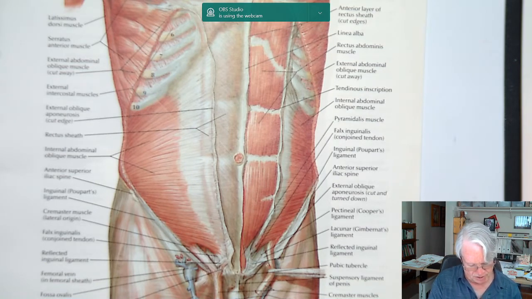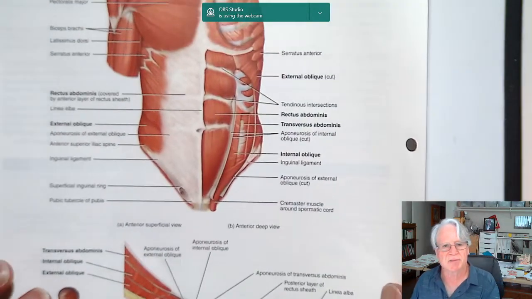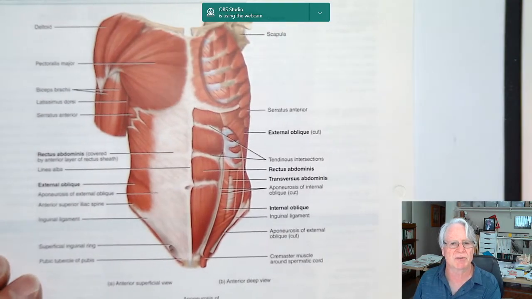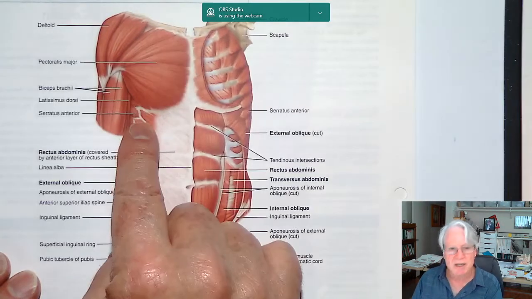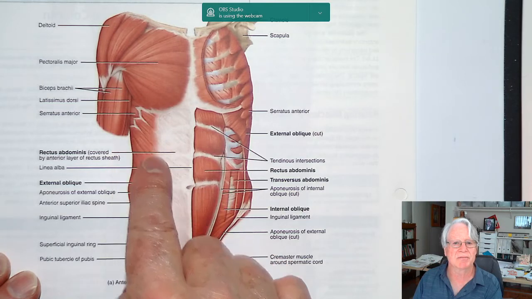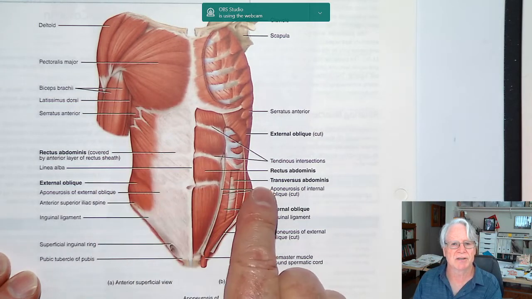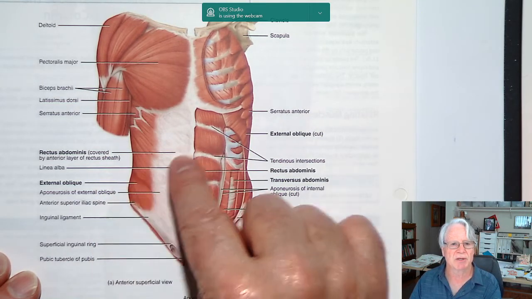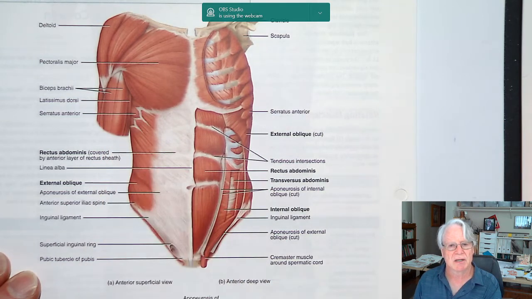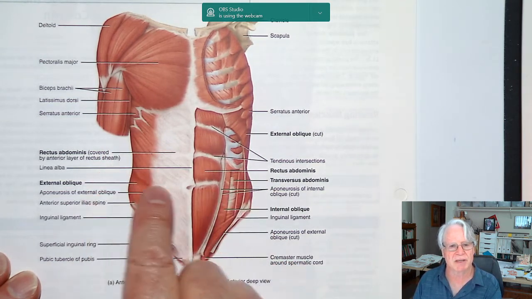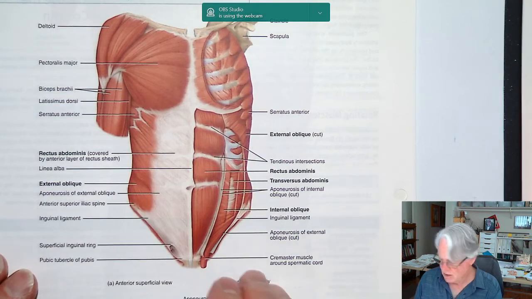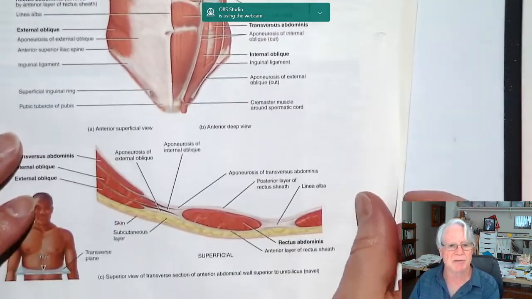Let me go ahead and see what your textbook offers. Your textbook has a number of pictures. Here is basically the same drawing that we just saw, except that they're showing us the external oblique here, and then the internals are on this side, so they would be crisscrossing like this. And then the transverse is running that way across the belly. Here is another image.